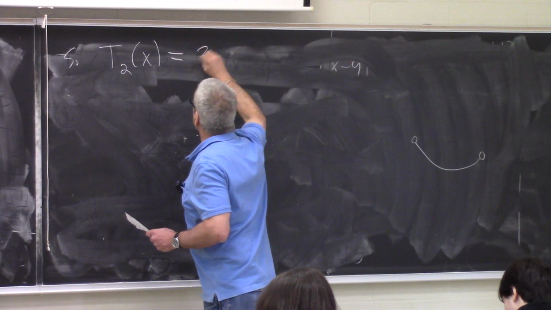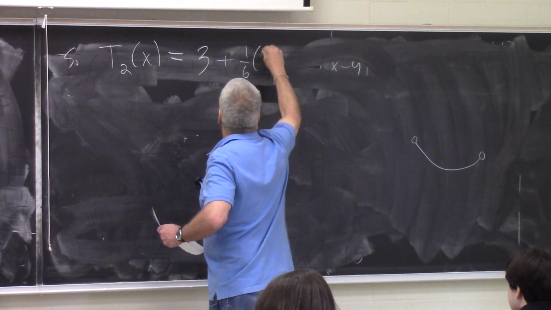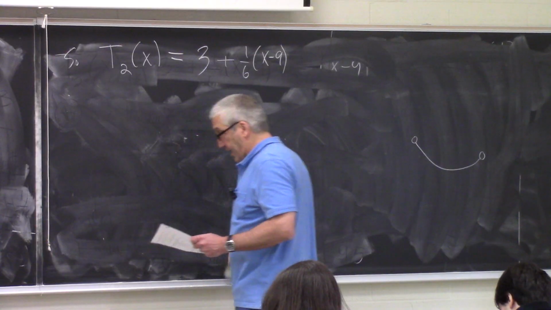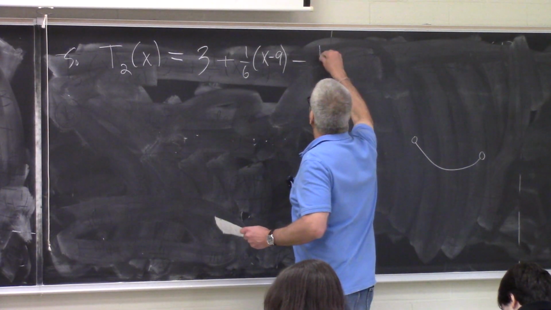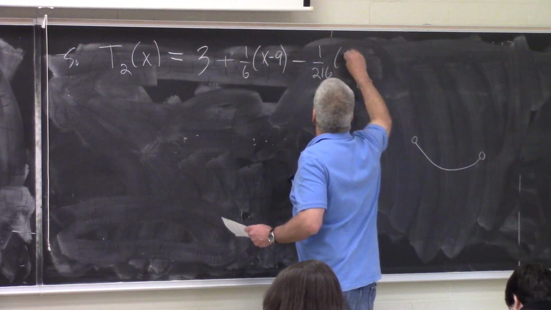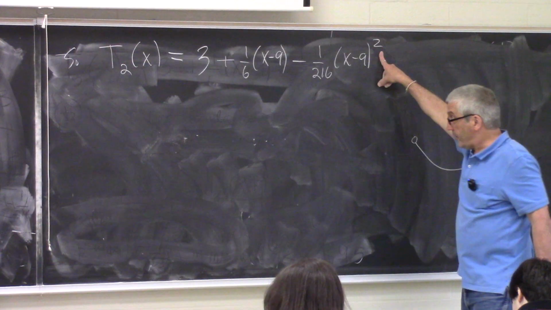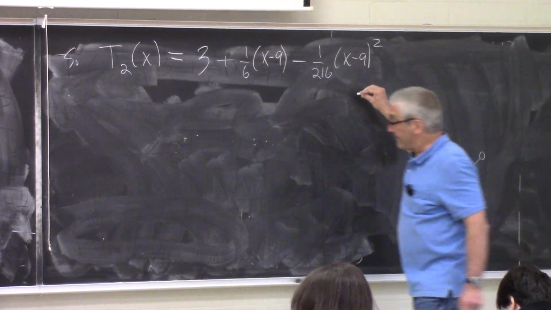So 3 plus 1/6 times x minus 9, minus 1 over 216, sorry, minus 1 over 216 times x minus 9 squared. So there's my second degree Taylor polynomial around a equals 9. And there we go. That's the end of part A.